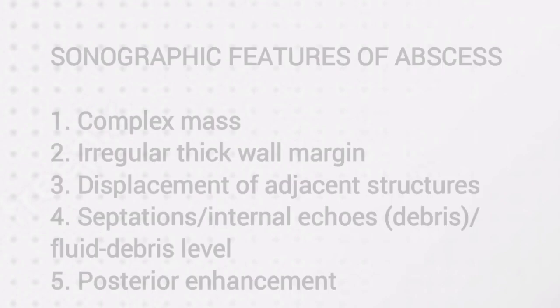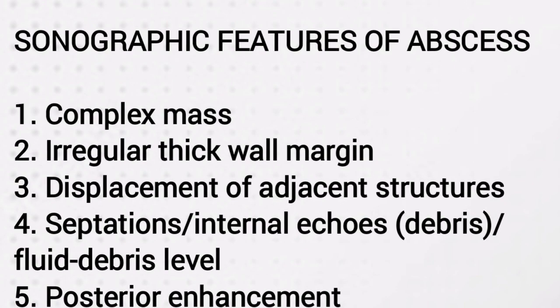The sonographic features include a complex mass, which is more common. You can see irregular thick walls. Displacement of adjacent structure will occur and may show septations, internal echoes, debris, fluid debris level, and posterior enhancement.